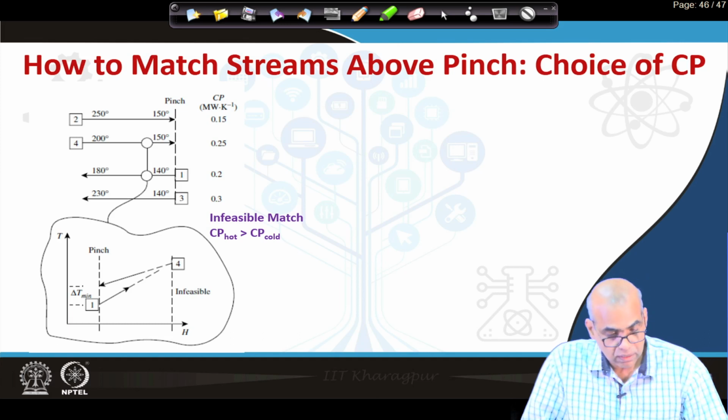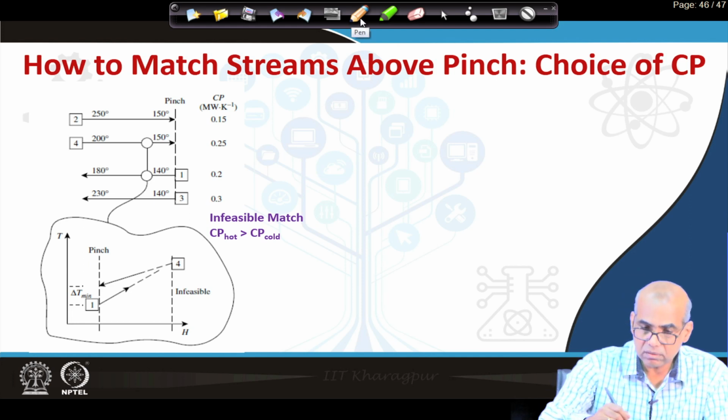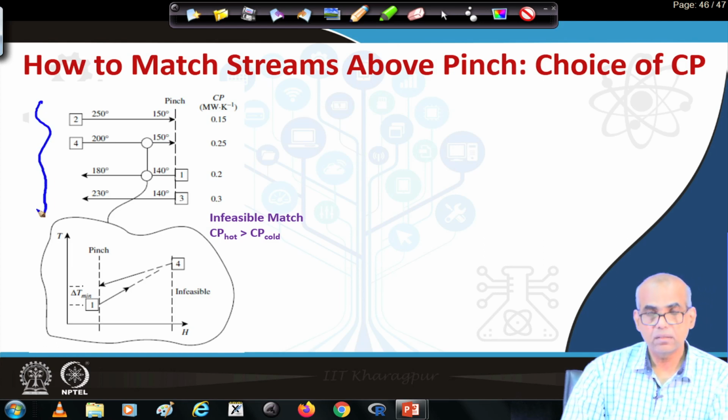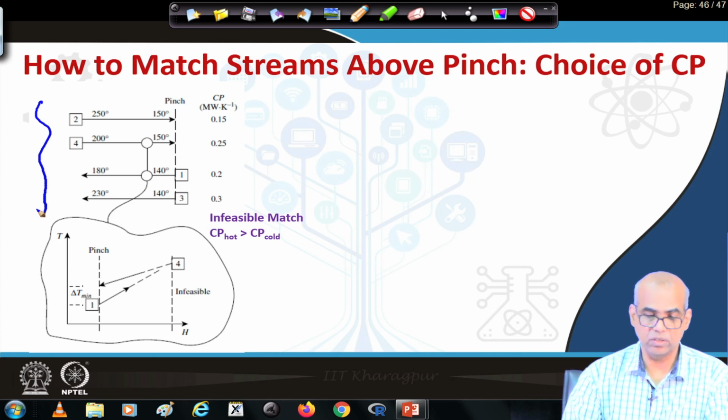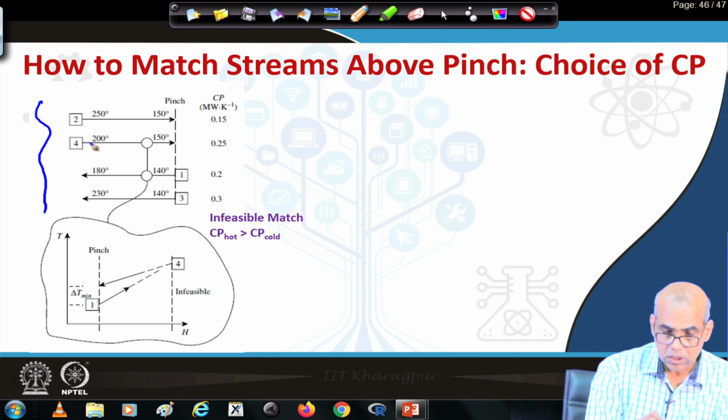Now, let us look at this schematic to understand the choice of the Cp values. You see the grid portion for the region above the pinch. What we are trying to do here is match stream 4 with stream 1.